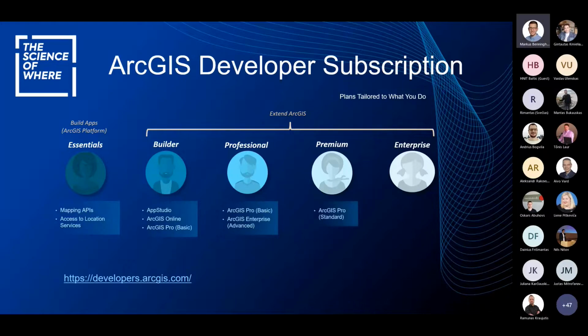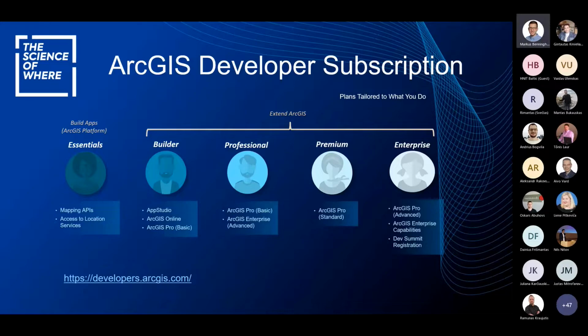For the desktop part, you have different licensing from basic to advanced. So it's the same on the development side: if you need additional ArcGIS Pro capabilities and enterprise system capabilities, you can upgrade your developer subscription.